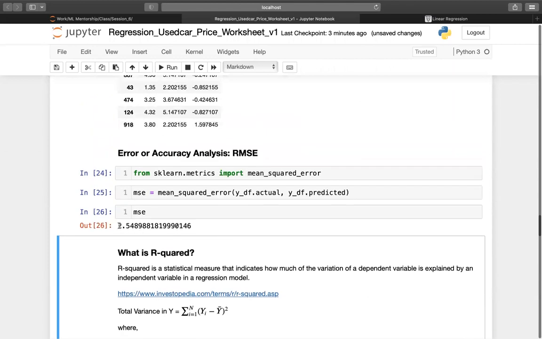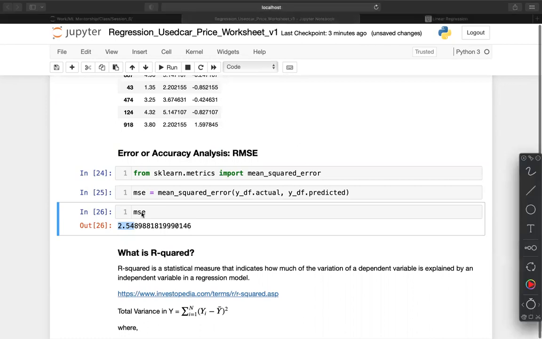So the MSE value comes out at 2.54. But because it's a squared error, it is still a square term, isn't it? 1 by n summation of yi minus y hat squared, still a square term. So it is very hard to interpret what the actual value is.